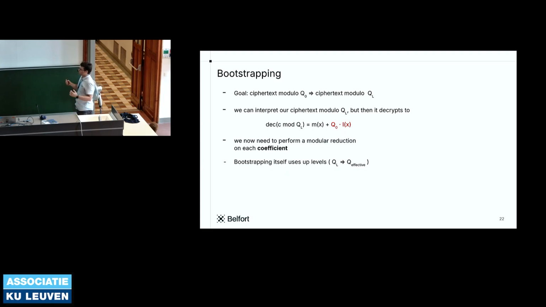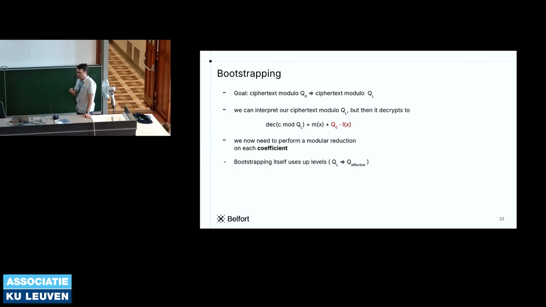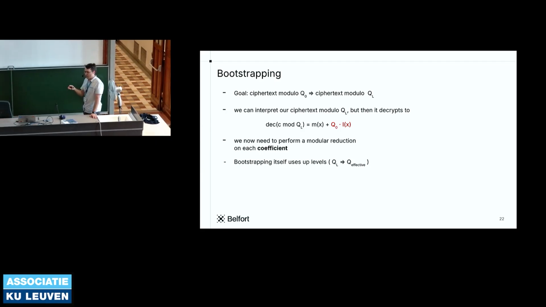But I want to increase my level. So I want to go from a ciphertext which is mod Q0, my last prime, to a ciphertext which is mod QL, which is capital Q, the full modulus. But if I just take my ciphertext and interpret it modulo this very large number, then I introduce this noise, this thing that I don't want, modulo QL.